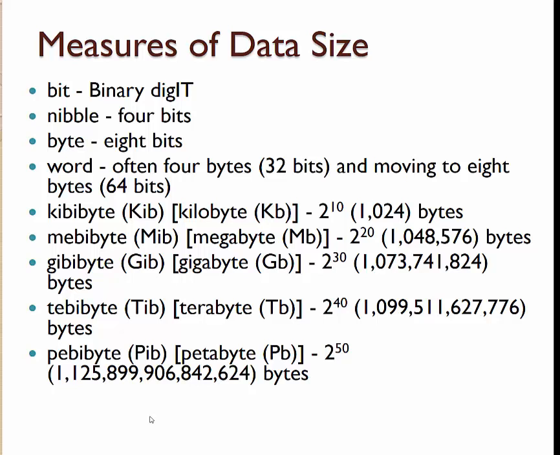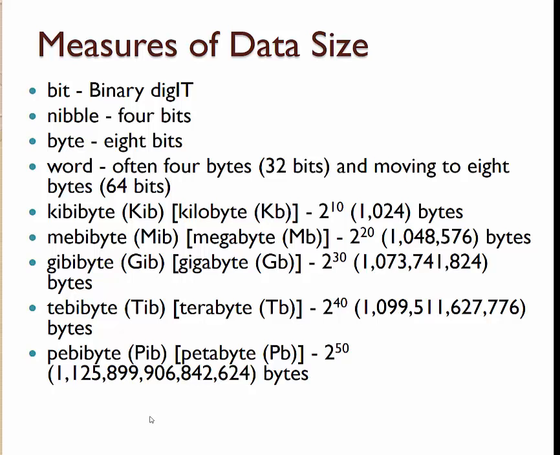A word today is typically 4 bytes or 32 bits, but the word size is really dependent upon the size of the architecture itself. Some machines have 32-bit word sizes, some have 64-bit word sizes. Most people refer to a kibibyte as 2 to the 10th bytes, but let me make a note about that. You're going to see kibibyte and kilobytes here.